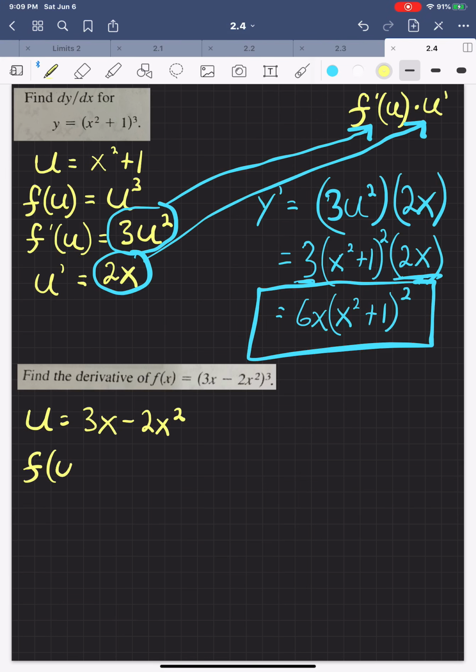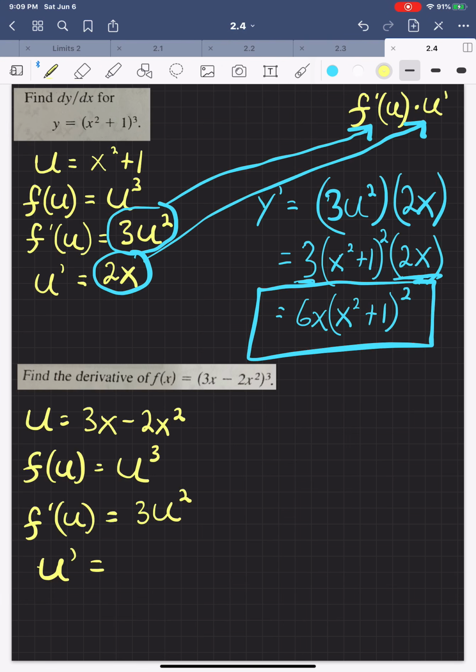So f of u is going to be u to the power of 3. What I need from here is an f prime and a u prime. Let's do f prime of u. That's easy. That's just 3u squared.